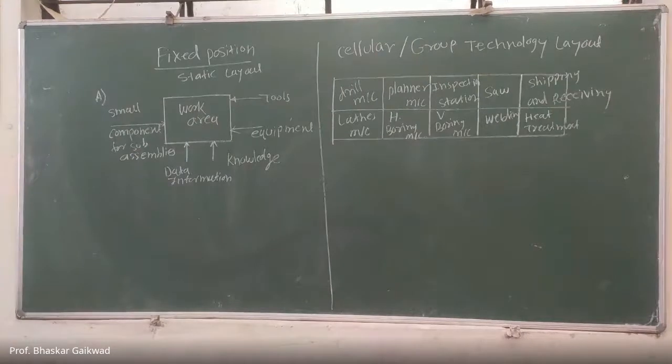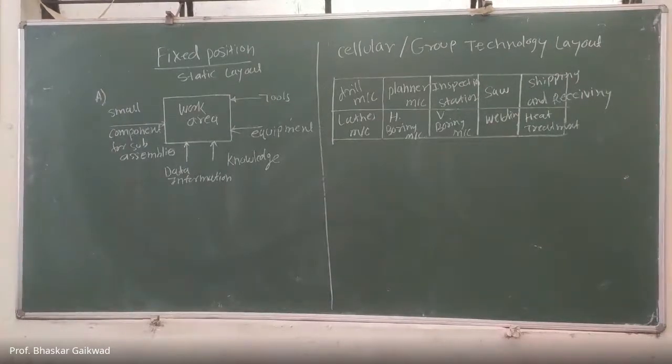So this is the product layout. Last time we discussed this product layout. You can remember all these things by keeping one or two examples: steel rolling mills, textile mill, sugar industry. It is the arrangement of all machinery as per the requirement of the operation on the product. Once you enter the raw material, at the last station you get the finished product.